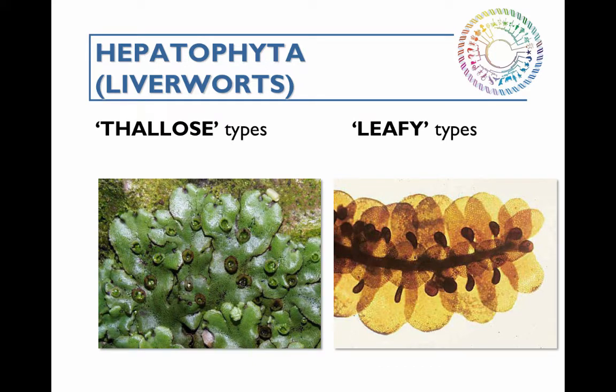Most species were of a thallose growth form, shown here on the left. And I used a couple of examples, including Marchantia, in the last lecture. But there are a small number of hepatophyta which are leafy, as shown on the right-hand side. But I'd like to remind you that these plants do not have true leaves. These are leaf-like structures, but not true leaves.